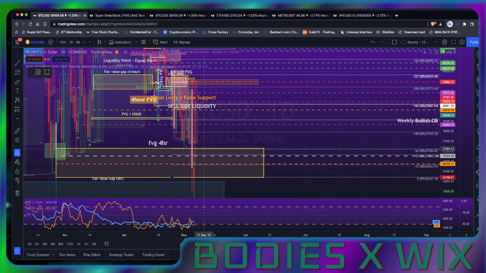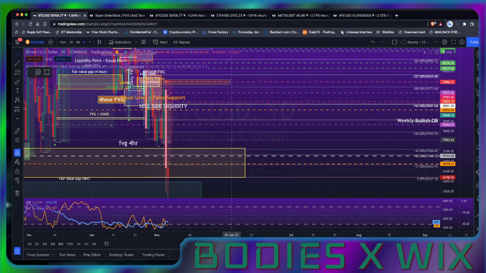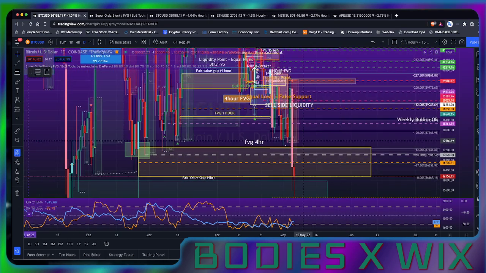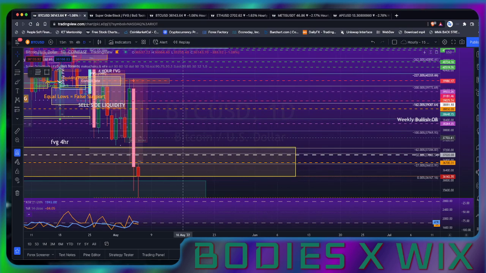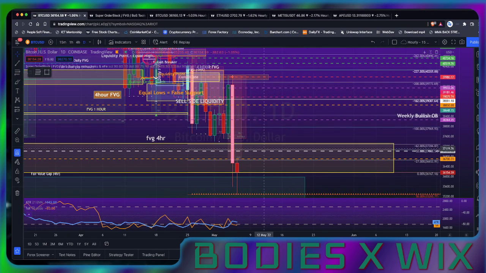All right, so now, and it also colors any kind of high volume candles. It will color them a different color. At least I put them to color them a different color. So we do have a fair value gap here in between, today and looks like the 4th.